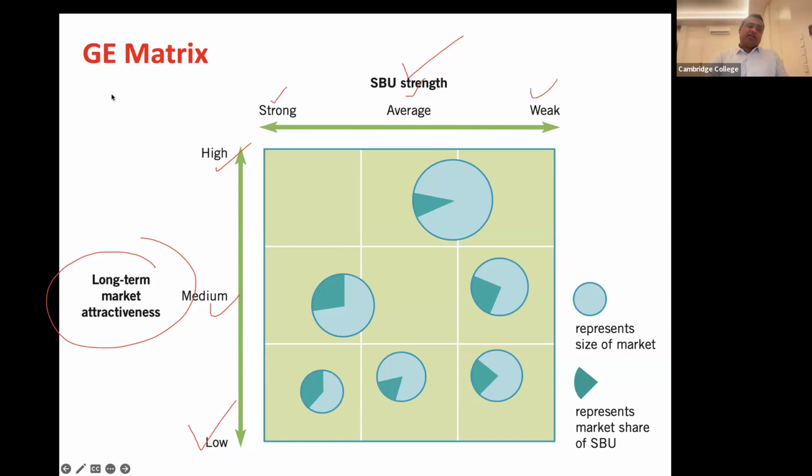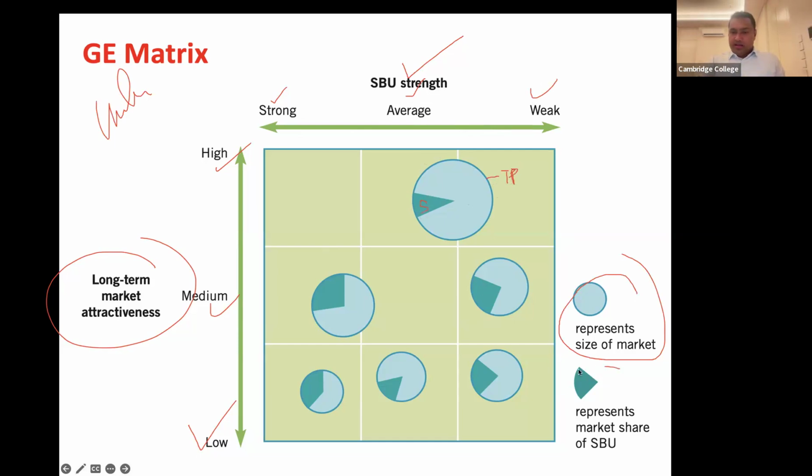So again, if you take the Unilever portfolio, here you look at this larger circle represents the size of the market. So example, this might be the toothpaste market, and this is the Signal's market share.